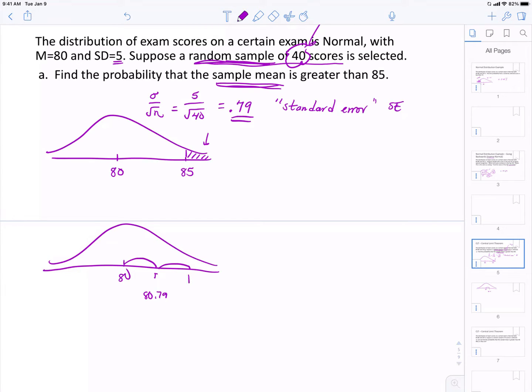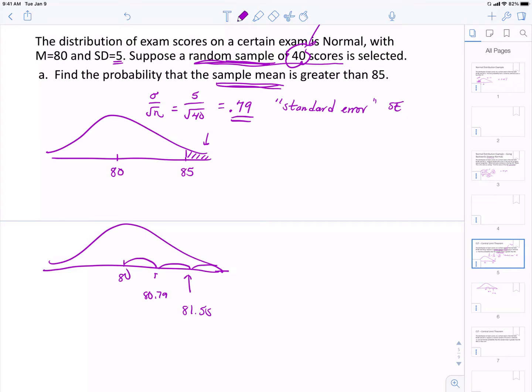2 hops over, this would be 80.79 plus another 0.79. I'm just calculating that quickly. So that would be 81.58. And by the time I get to 3 standard deviations, that would be another 0.79, so 81.58 plus another standard deviation.